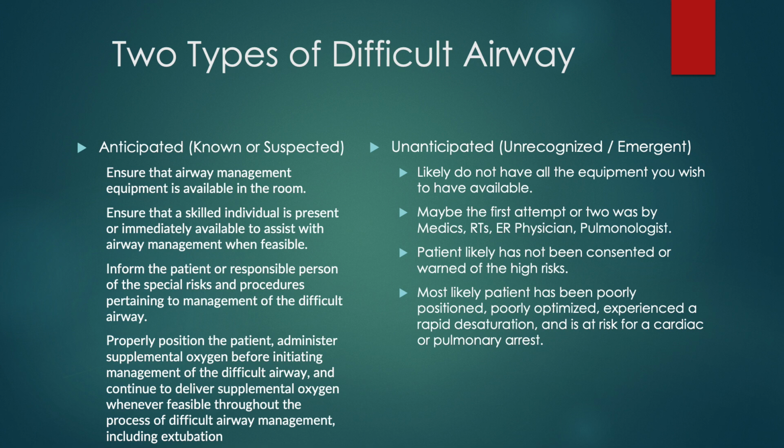The unanticipated difficult airway is the one that you have to be ready for. If you are called to the ER or to the ICU to assist in an airway and multiple people have tried, that's when you really have to look around and reassess what's with you.